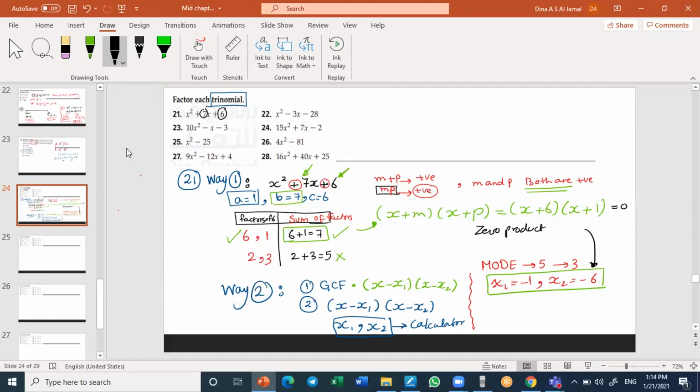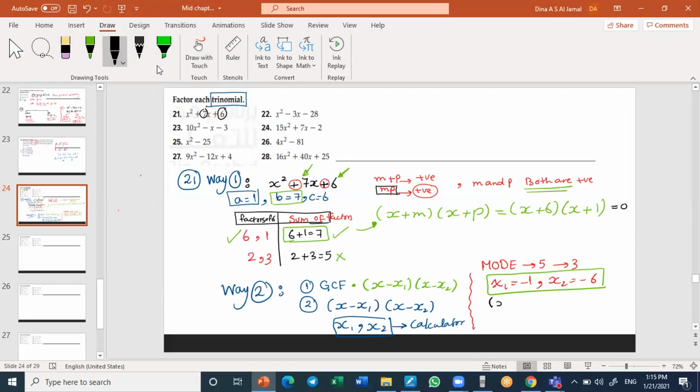You have the solution, now you need to write the factorization. But in the method of the book, you have the factorization and you should obtain it, then use the zero product property to get the solution. So sometimes the method of the calculator will be easier and more direct than the method of the factorization.